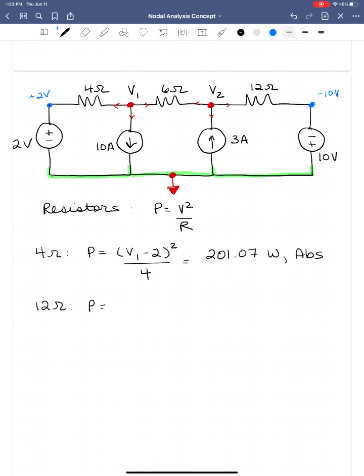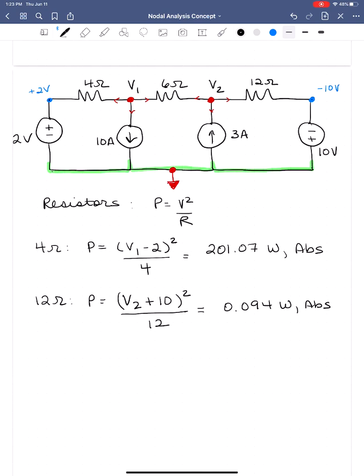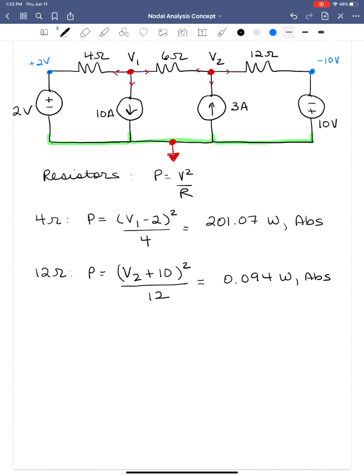This is going to be V2 plus 10. That's the voltage drop across the 12 ohm resistor. We'll square it and we'll divide by 12 to get the power. And so this is equal to 0.094 watts absorbed, because resistors can only absorb power.